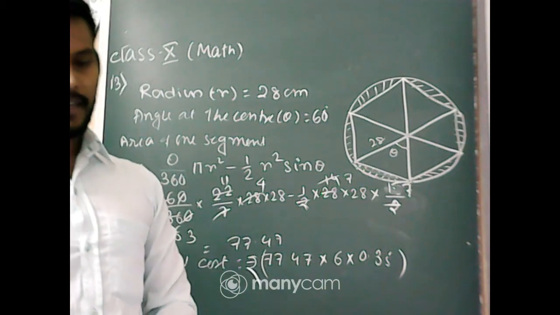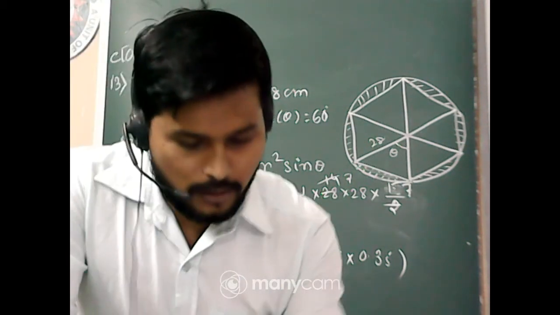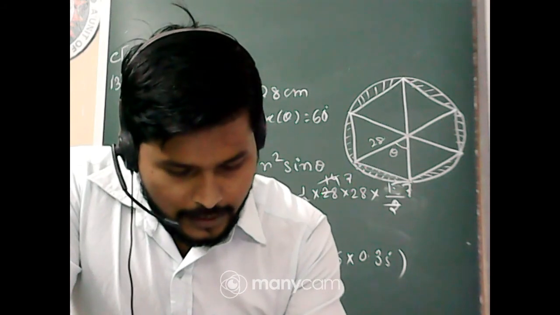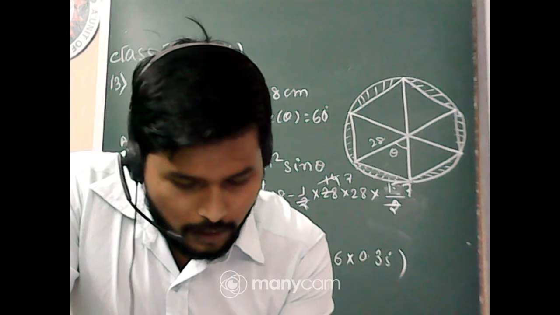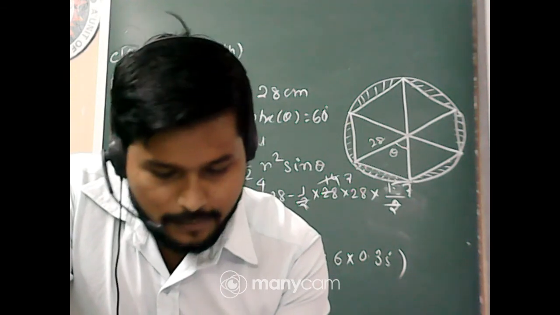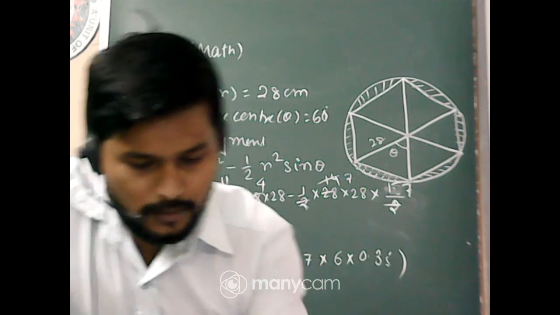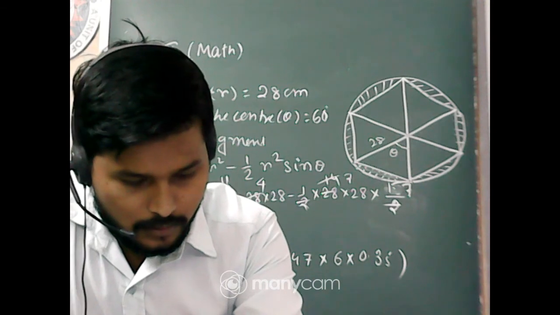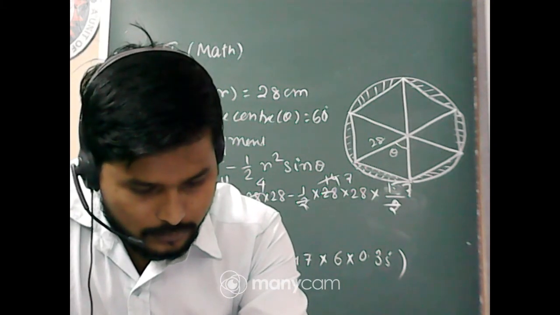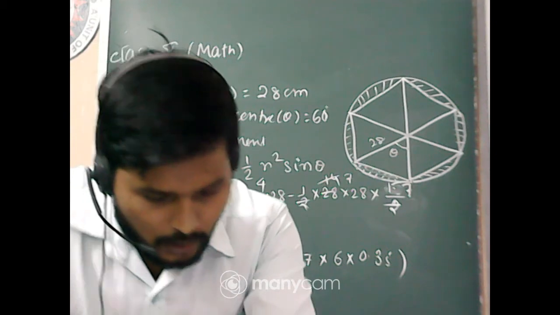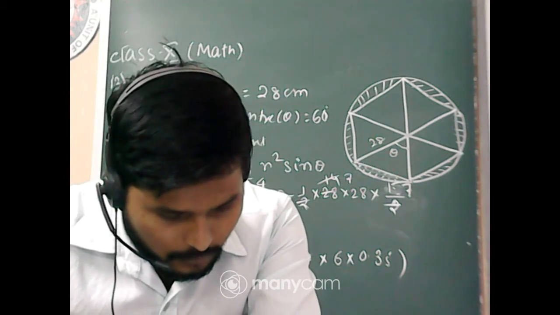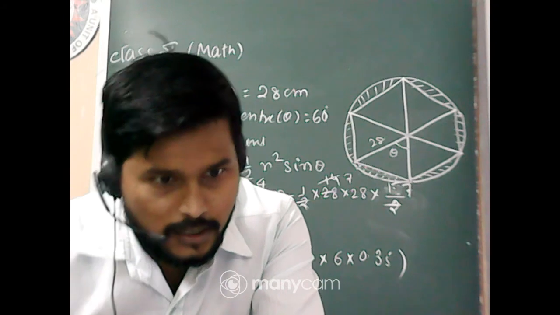Central angle is P and the radius is R. What will be the area of this portion? Option D. Yes, P by, area of the sector. Option D.